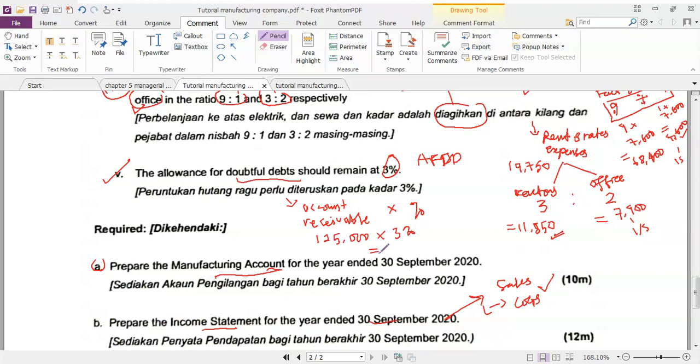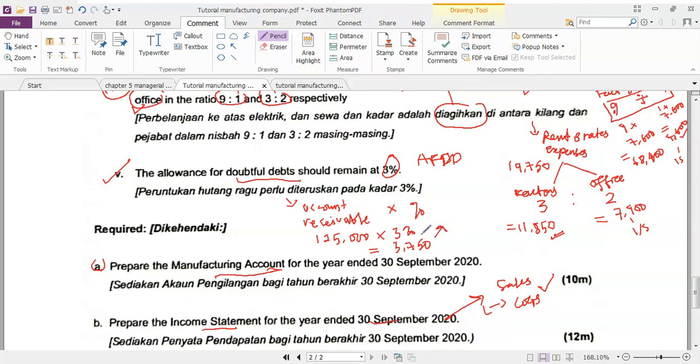So what is the amount for allowance for doubtful debt? Yes, that is correct. It is a simple calculation: for allowance for doubtful debt, you just multiply the account receivable with the percentage, 3,750.